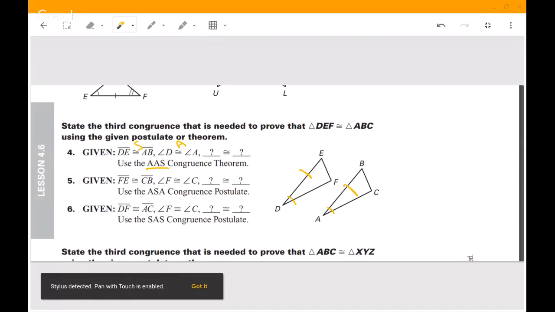So since we know one side and one angle, what else do we have to prove to use angle side? Another side or another angle? Yeah, one more angle. So now remember that the order is important on these when you're proving that triangles are congruent. So the difference between angle side and angle side angle is the order that they are in the triangle.